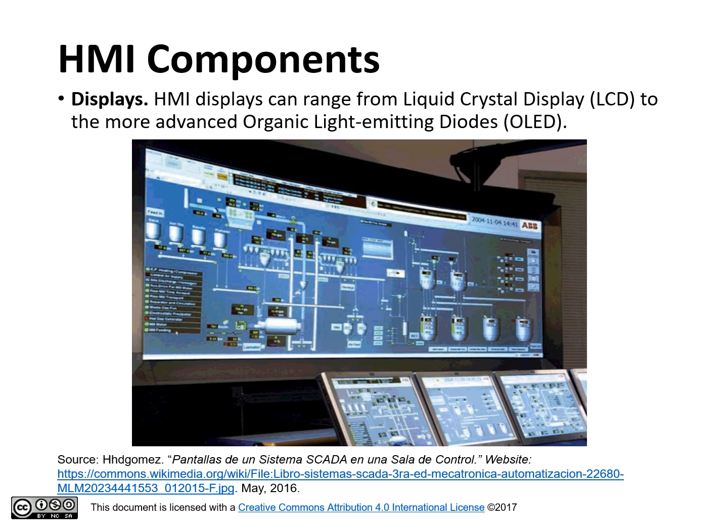HMI displays can range from liquid crystal displays, LCD, to the more advanced organic light-emitting diodes, OLED. They can also be the traditional externally controlled type to the more sophisticated touchscreen variety. An HMI with advanced display equipment is depicted in the figure below.